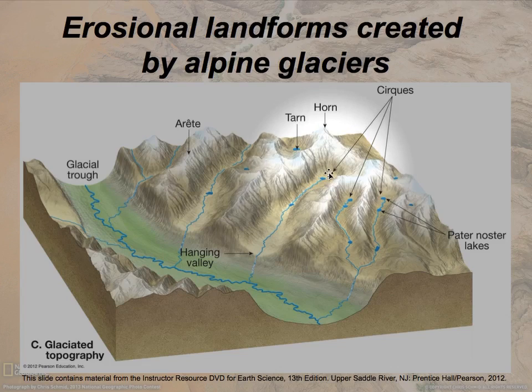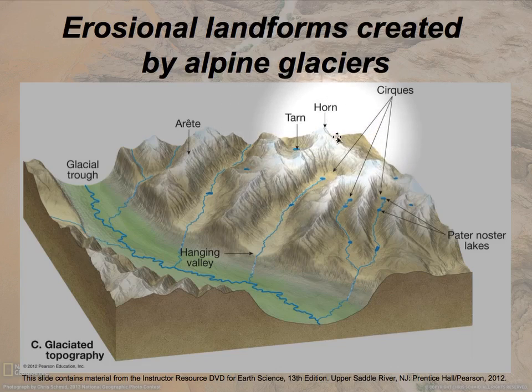It's usually always in the zone of accumulation, and that is the start of a U-shaped valley that will move down. Cirques can also accumulate water, and a tarn is basically a glacial lake, a place of accumulated and steady surface water in a former cirque.